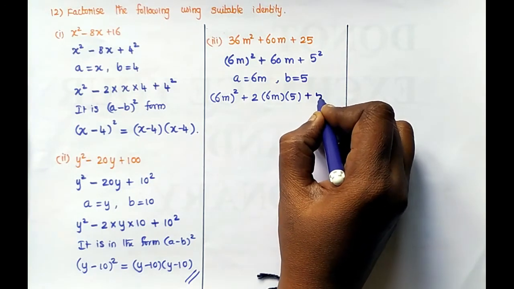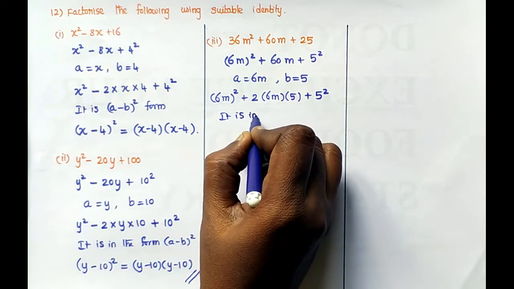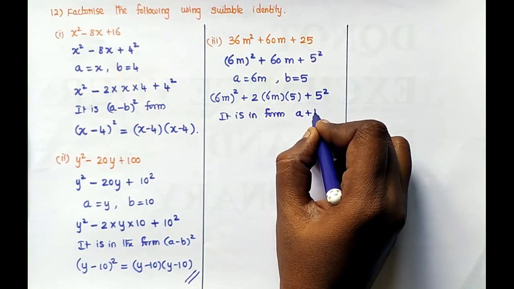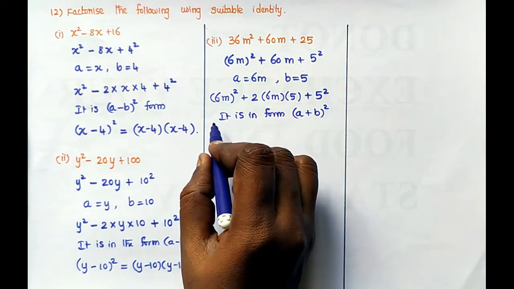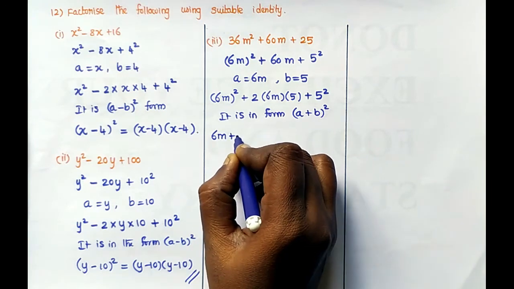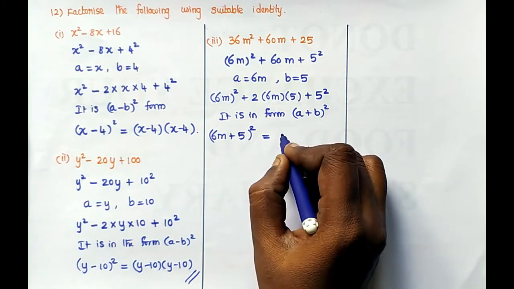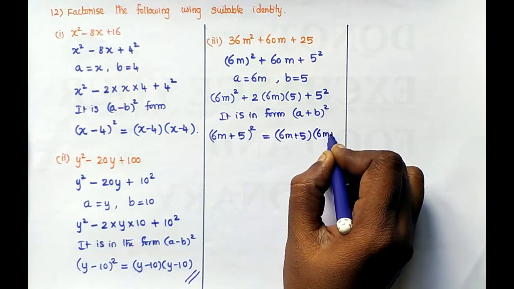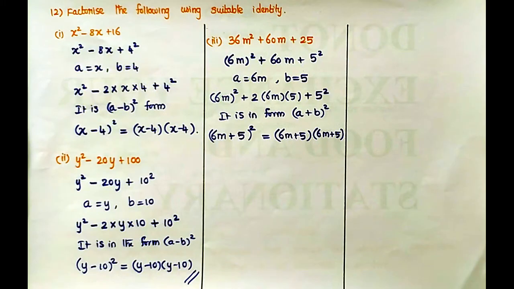Plus 5 squared. It is in the form (a plus b) whole squared. So how can we write? (6m plus 5) the whole square. How will you expand that? (6m plus 5) into (6m plus 5). That is the factors. Okay, now next one.